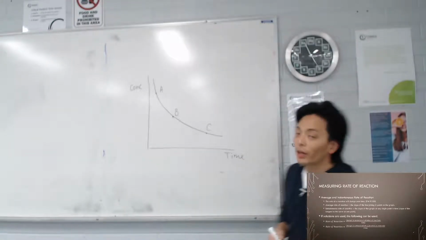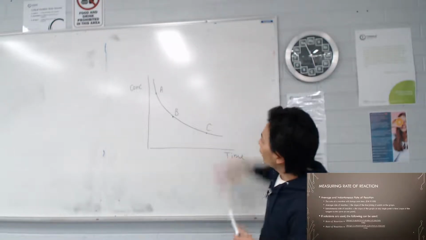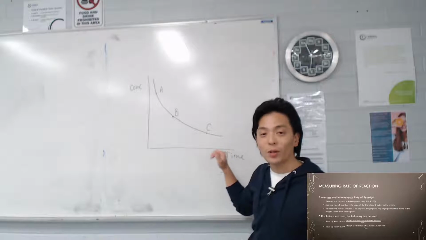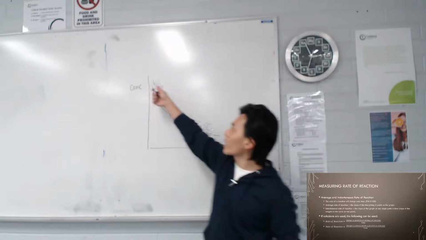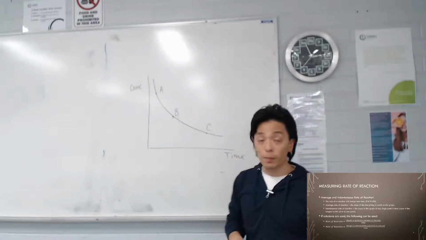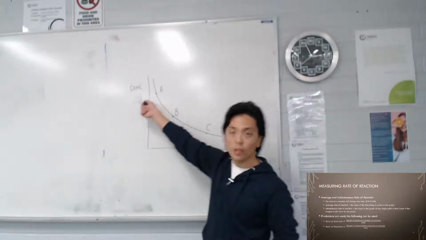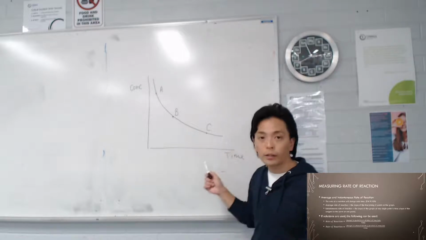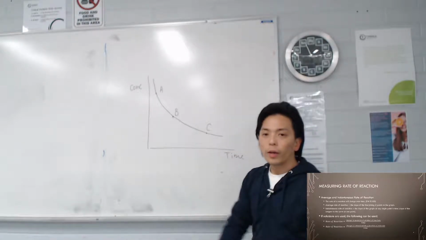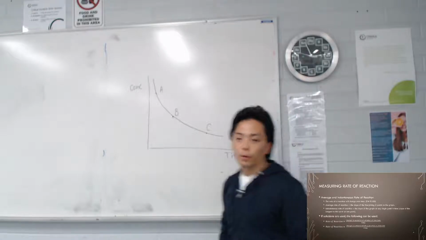All right, so if you are looking at consumption, right? Yeah, consumption of a reactant, because we are starting from somewhere high and there's much lower amount or concentration of a reactant here. You could figure out concentration of this in a few different ways.